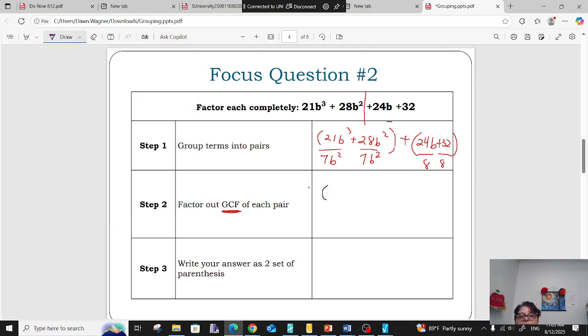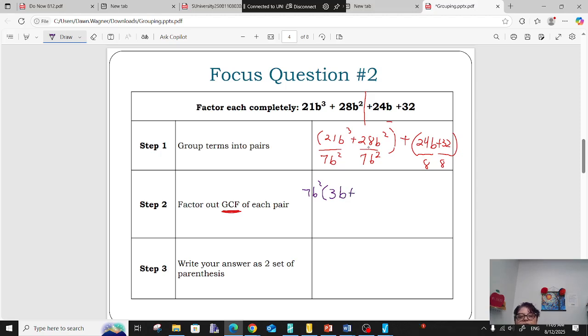I'm going to put my 7b squared over here, right? 7 goes into 21 how many times? 3. And b to the third power divided by b to the second power is just b, because 3 minus 2 is 1.